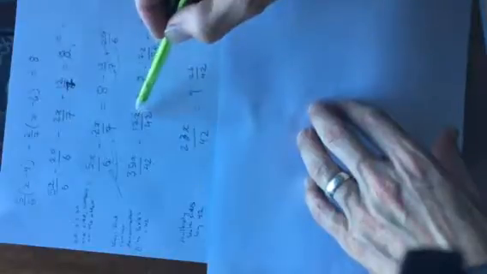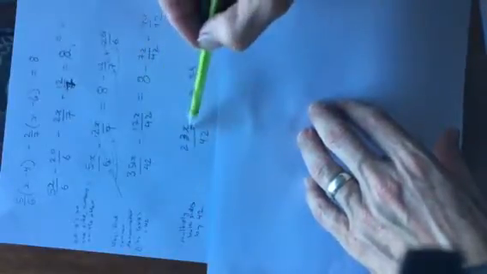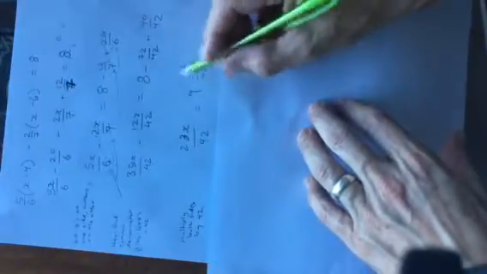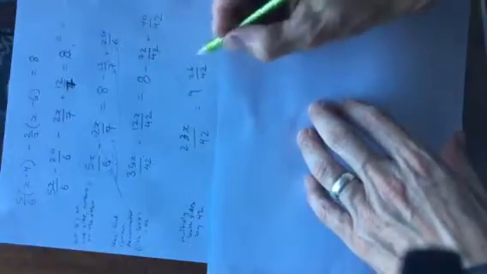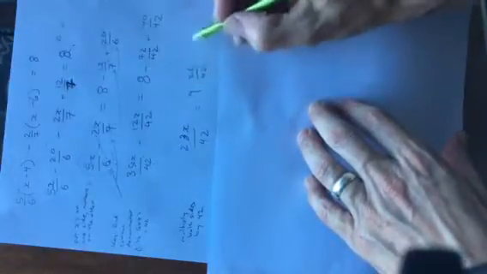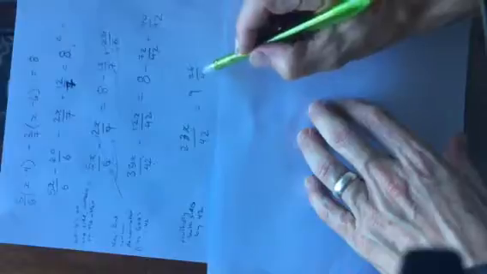35x minus 12x over 42 is 23x. And if you were to add these two numbers up, minus 72 plus 140, you end up with, well, sorry, I simplified this too quickly.